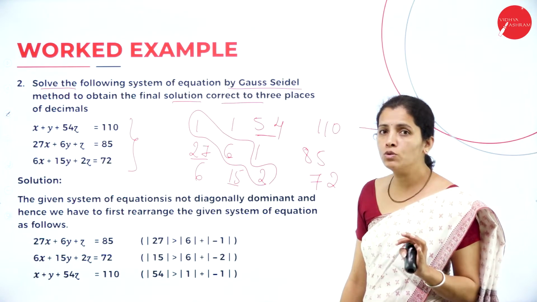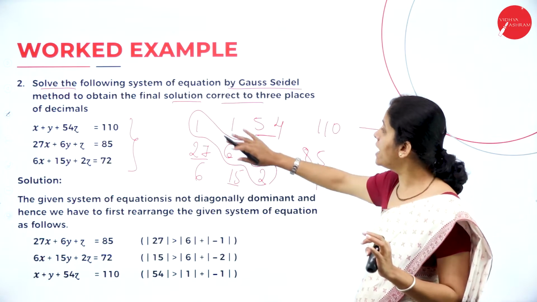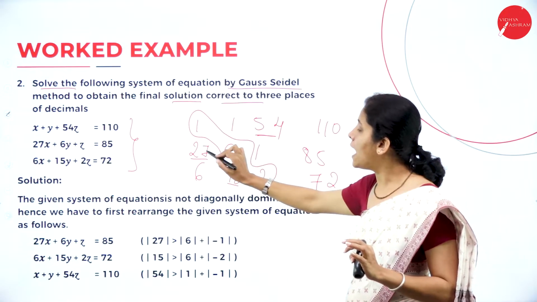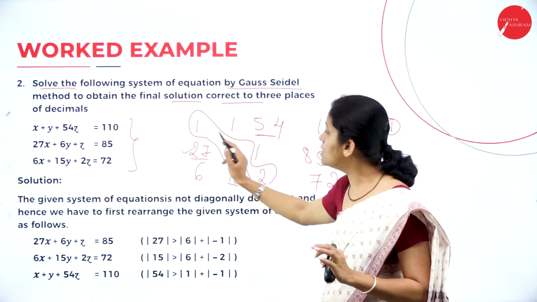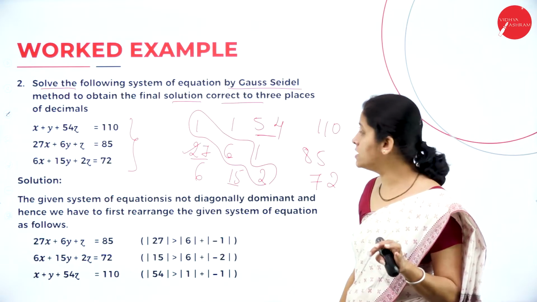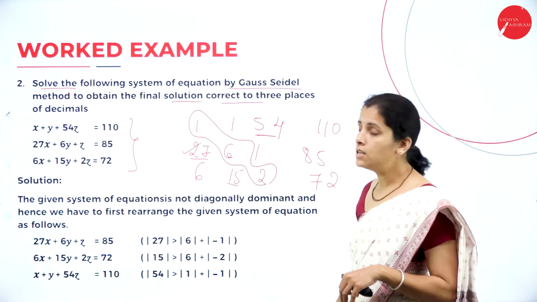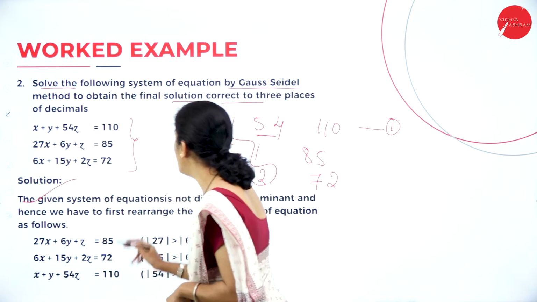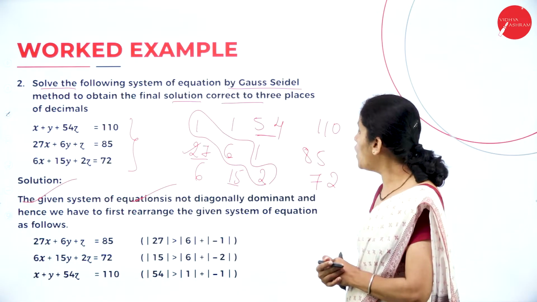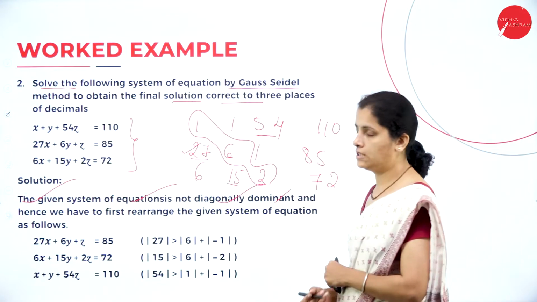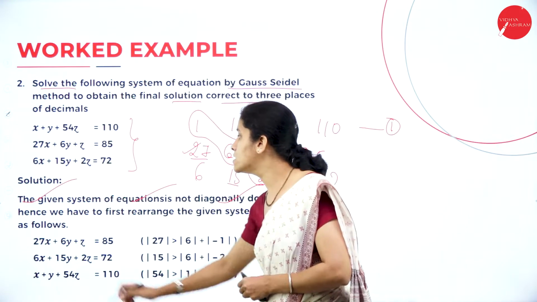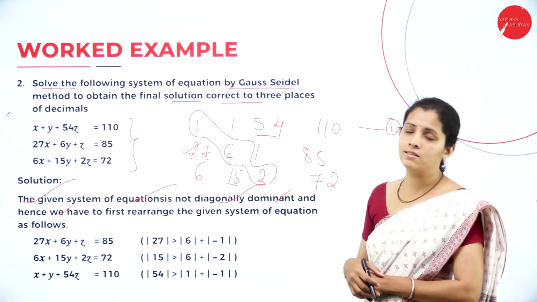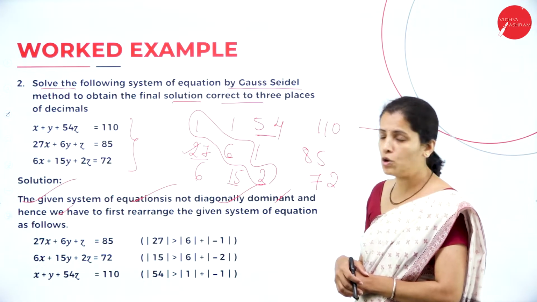So what I want to do, I just want to rearrange the equation in such a way that I get the larger value in my first position, then the second larger, then the third one. Okay, fine. See, the given system of equation is not diagonally dominant, and hence we have to first rearrange the following system of equation as follows.